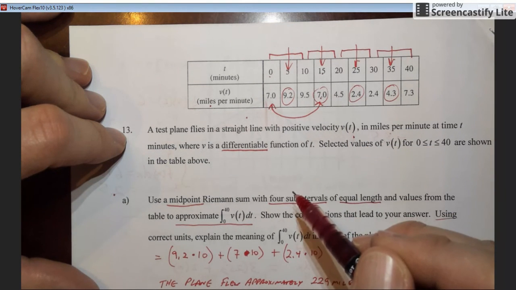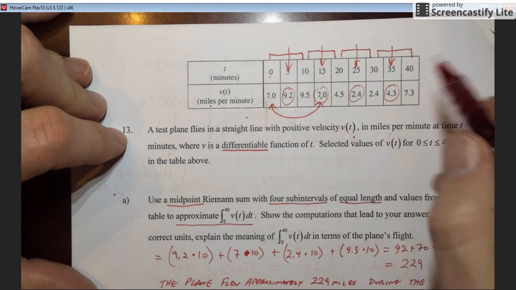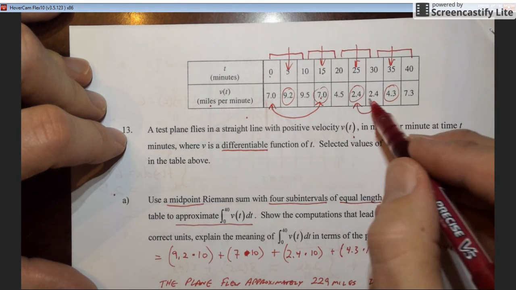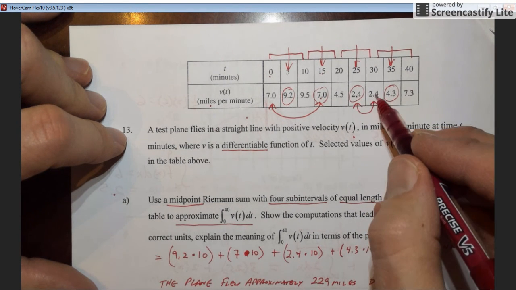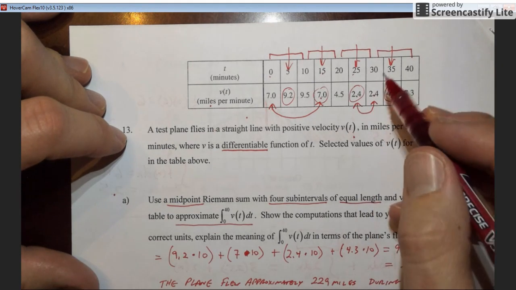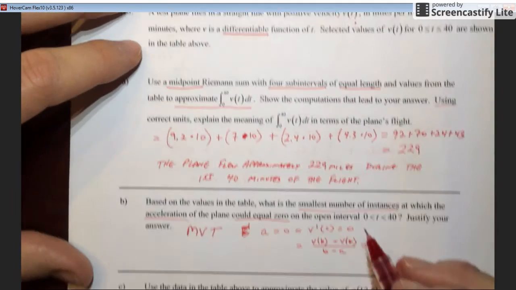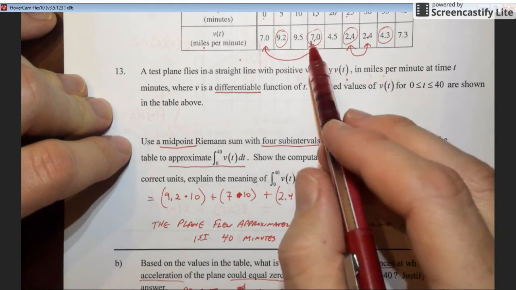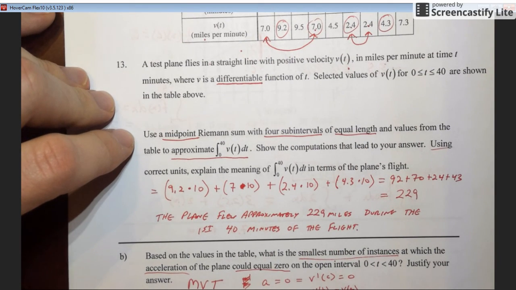Where else do you see a pair that match up? Exactly, here. So if we were to do an average rate of change, we'd do 2.4 minus 2.4 over 25 minus 30, 30 minus 25, doesn't matter. We get 0 there as well. We're getting the derivative equal to 0 based off of the average rate of change. So it happened twice. So we're going to say 2 times.